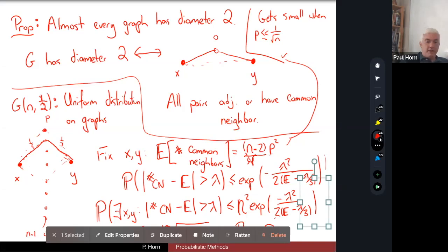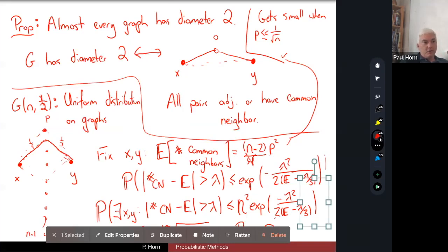So for instance, one thing that we're probably all familiar with is if you have a graph whose maximum degree is D, then a greedy coloring will color it with D+1 colors. So the chromatic number of any D-regular graph, say, is at most D+1.